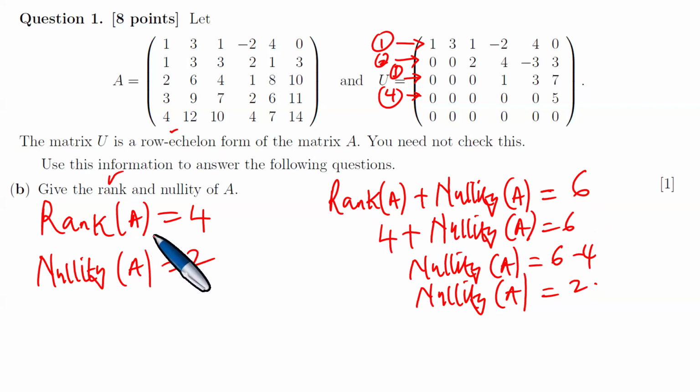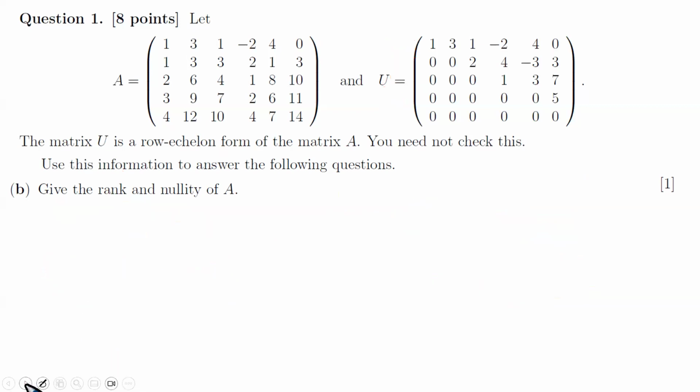Noting that the rank is 4 because of the 4 non-zero rows, the nullity is 2. So we're good by using that theorem. Next question.